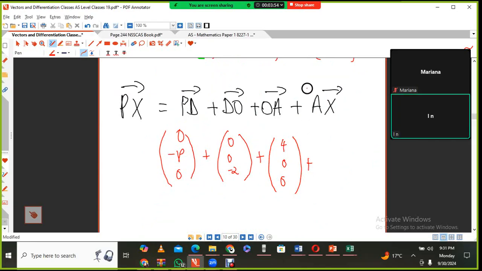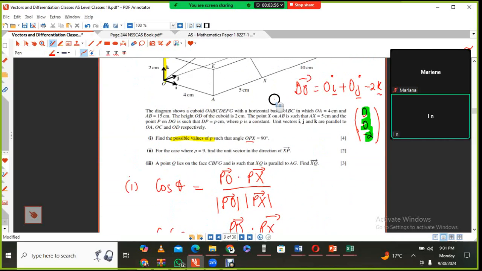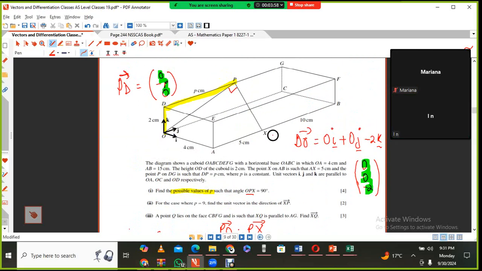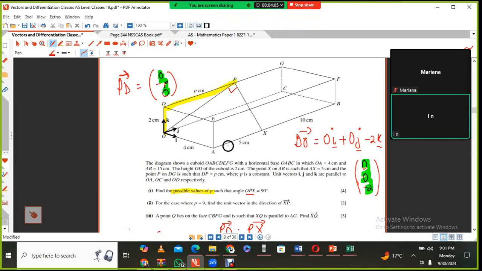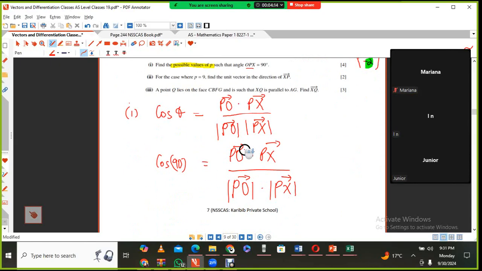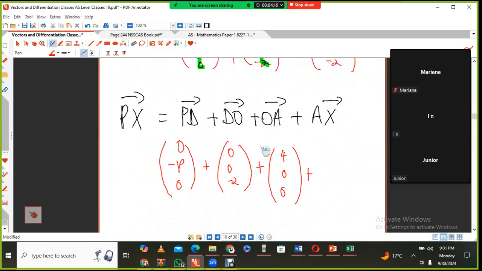That is not from here to there. So you don't have an I value, right? You only have a J value of 5. So it's 0, 5, 0. Let me just make that 0 nicely so that the other guys don't get confused.